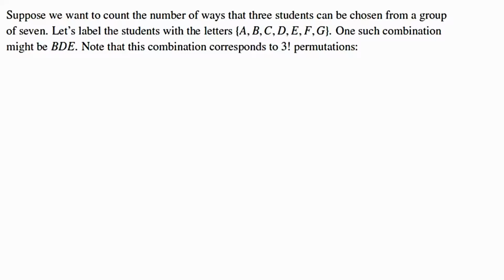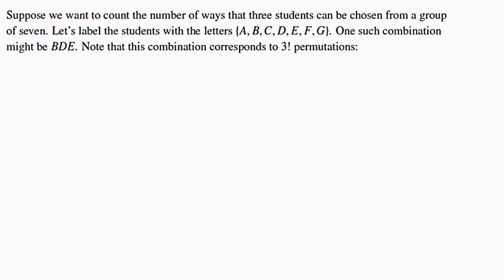Now for every combination, what you have to understand is C is the number of ways where order doesn't matter. For every combination, say we picked a random combination, B, D, E. So let's say I chose student B, student D, student E. This is one combination, but how many permutations are there for that?